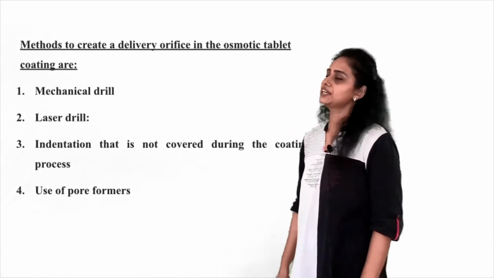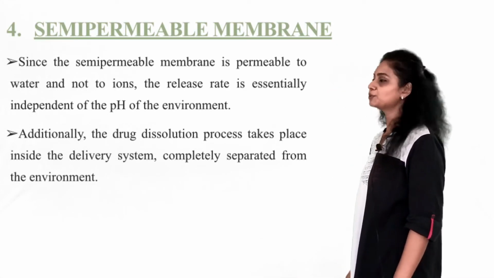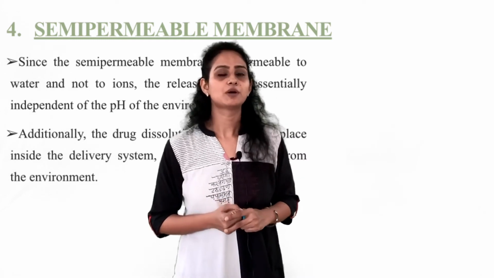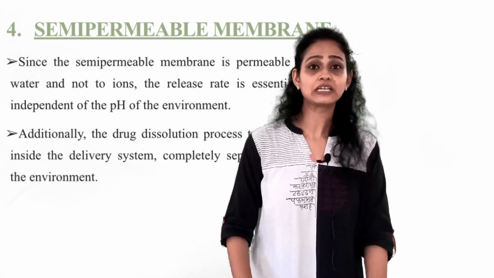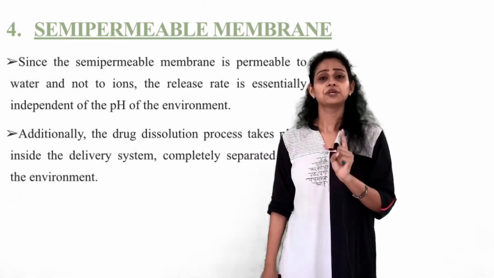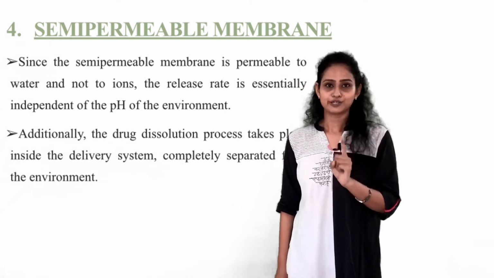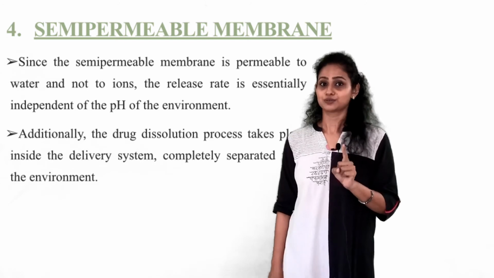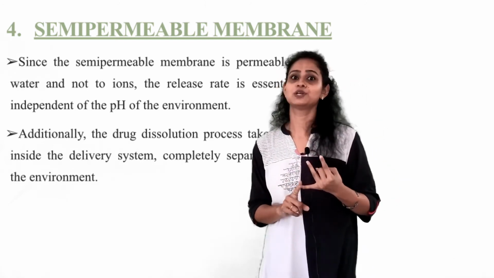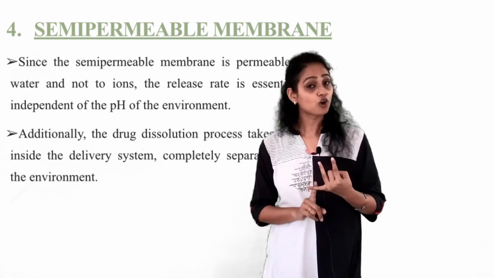Our last rate controlling factor is the semi-permeable membrane. What should be the characteristic of a semi-permeable membrane? Keep in mind that it should be permeable only to molecules, not to ions. That means it should only permit water molecules, not the ions.